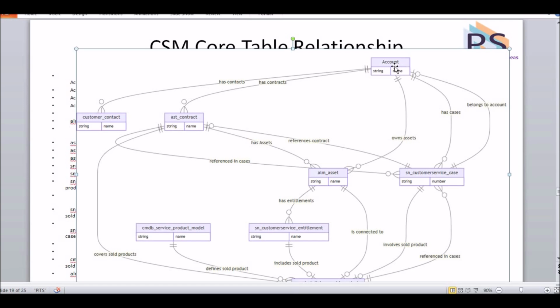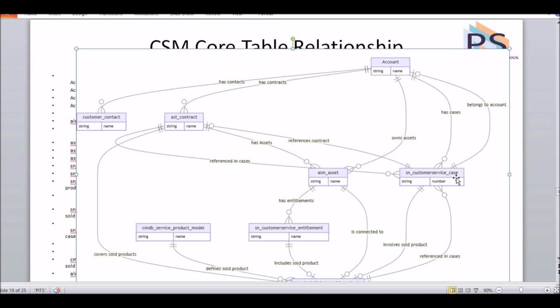Okay. Account is associated with the assets. These are the sold products. So account owns the asset. These are your sold products to the company. And any issues related to that account are connected or mentioned in the SN customer service case.